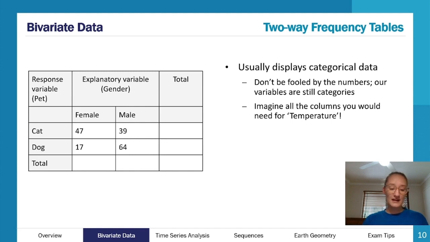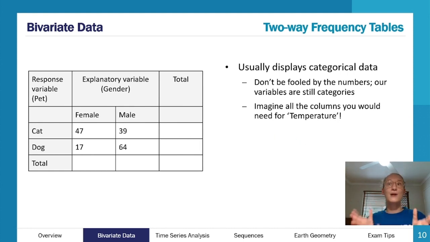If, for example, our explanatory variable was temperature, imagine if I had to have a column for 17.1, 17.2, all the way up to 29.1, 29.2, 29.3.